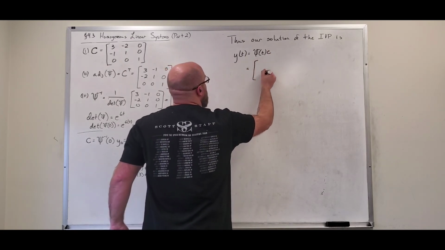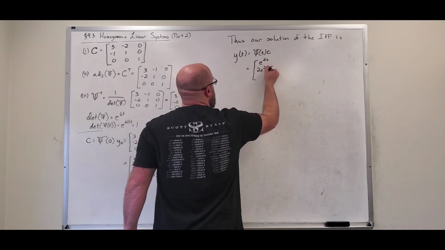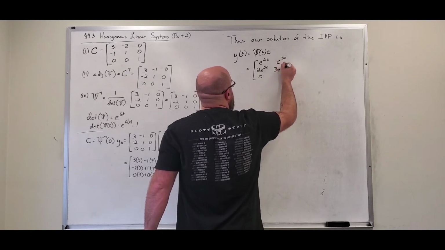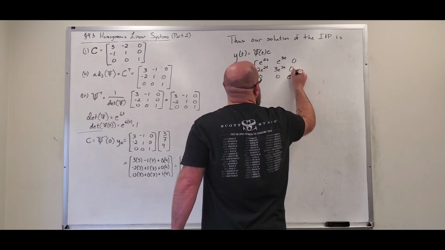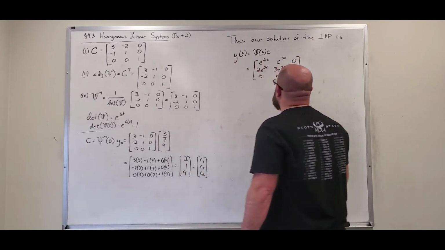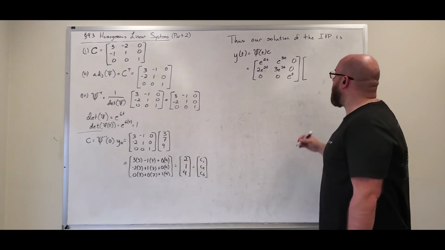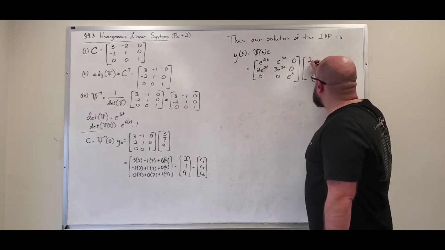So in our case, e to the 2t, 2e to the 2t, 0. e to the 3t, 3e to the 3t, 0. 0, 0, e to the t. That was our original psi, times our constants that we just found from finding the inverse and solving, which were 2, 1, 4.